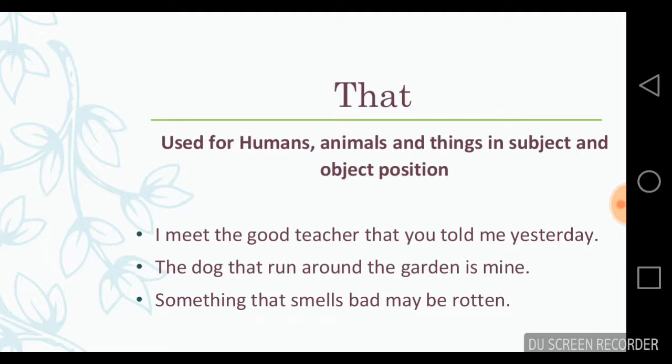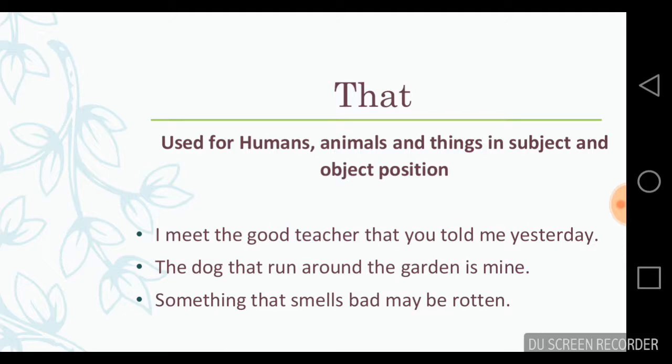My teacher in my senior high school said that if you are confused to choose which one of the relative pronouns that you want to use, you can choose that because it is always right. It has no limitation for the usage. It can be used for human, for the name of something, and for animal.